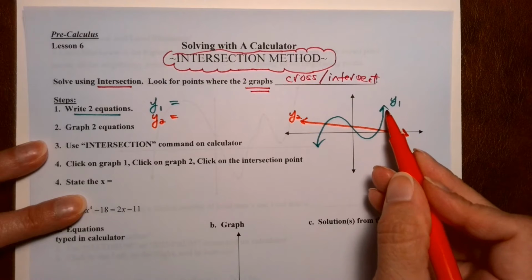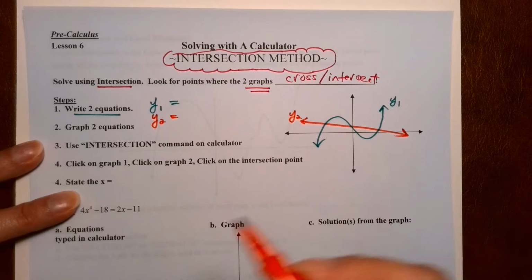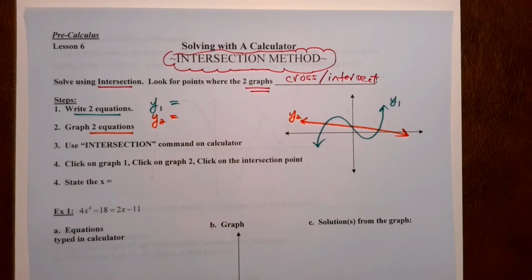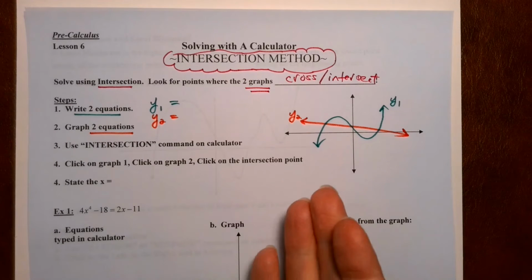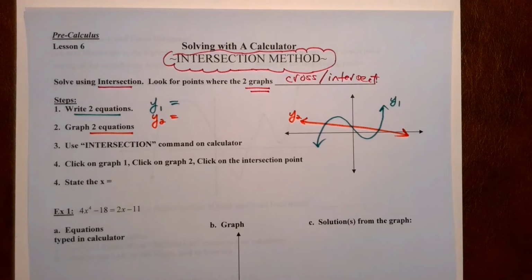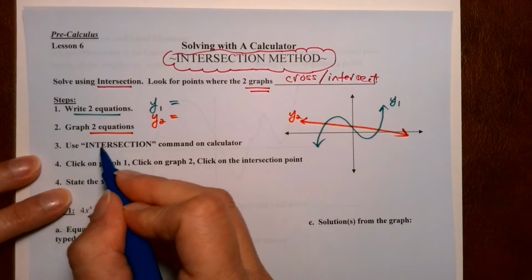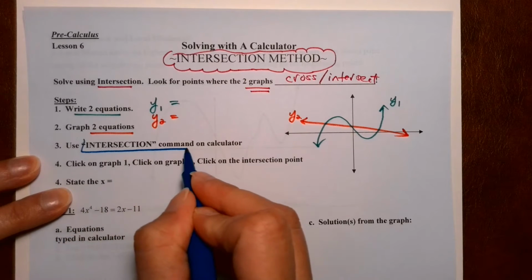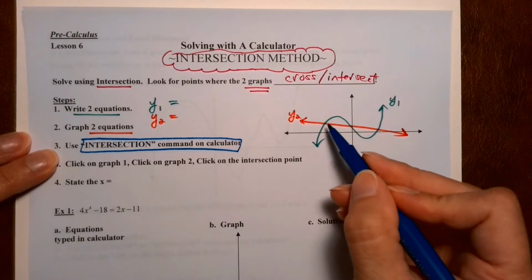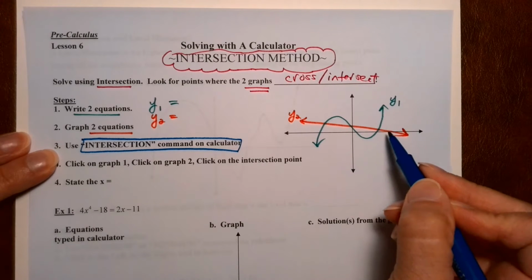Does y1 ever intersect with y2? And in fact they do. So you write two equations and then you graph two equations. It only works with two. You can't have intersection with only one. The next thing we're going to do is use the intersection command on the calculator. I notice here that there are three intercepts.